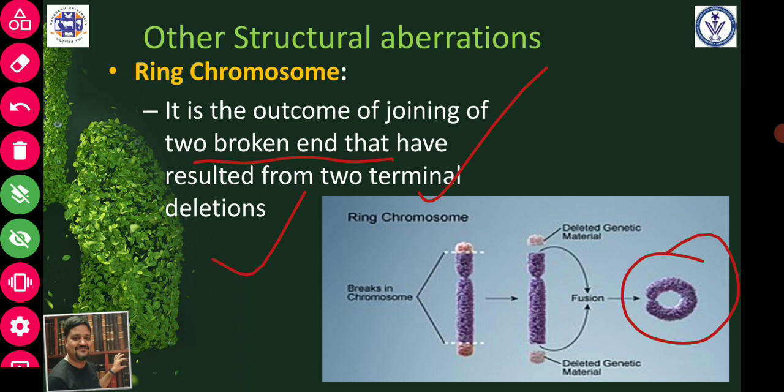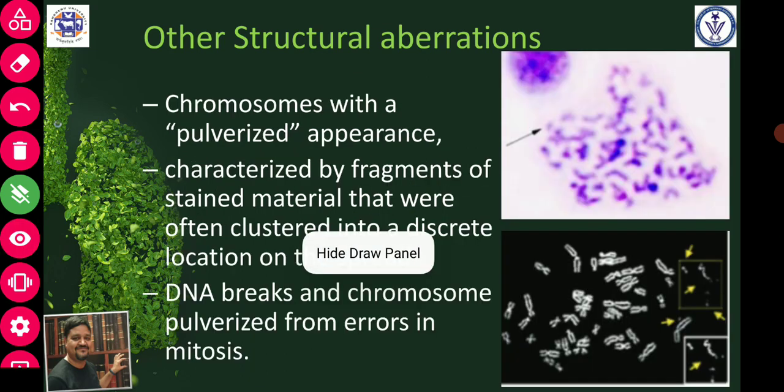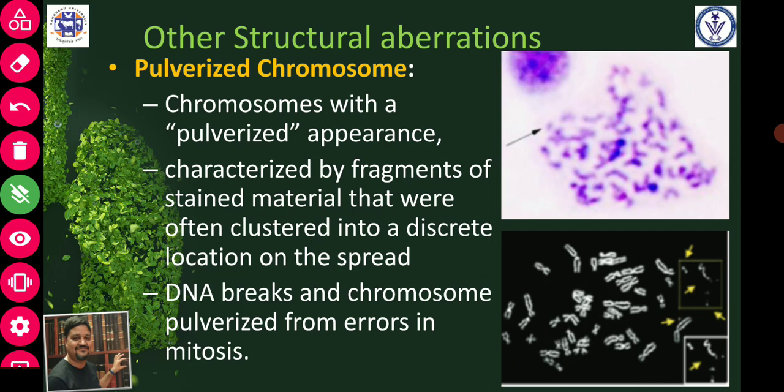And the next one is pulverization. So, a pulverized chromosome. As the name suggests, pulverized means something like powder. So the chromosome will have a pulverized appearance. It is characterized by fragments of stained material that are often clustered into discrete locations on the spread.